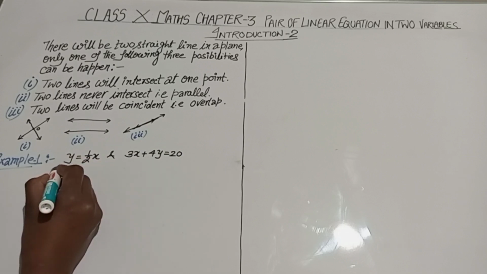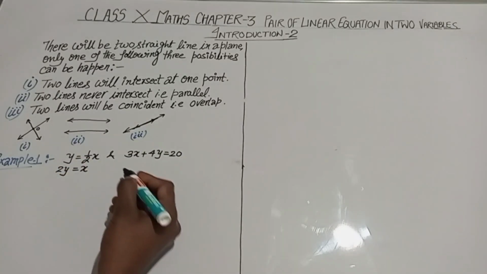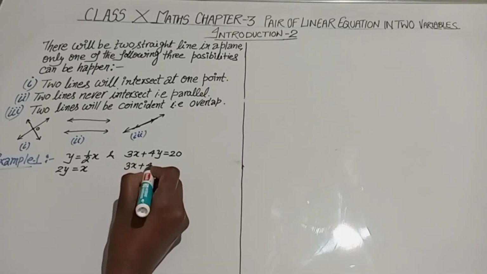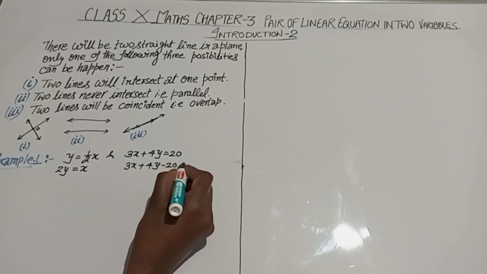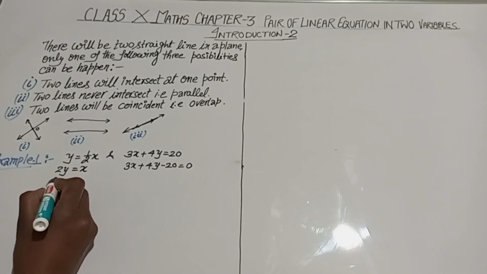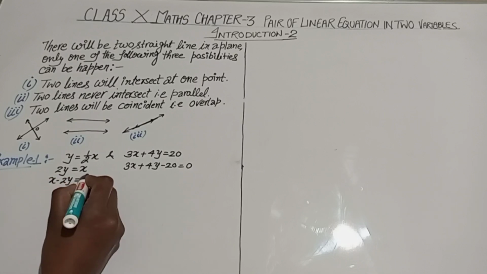Writing them in standard form, 3x plus 4y minus 20 is equal to 0, and x minus 2y is equal to 0.